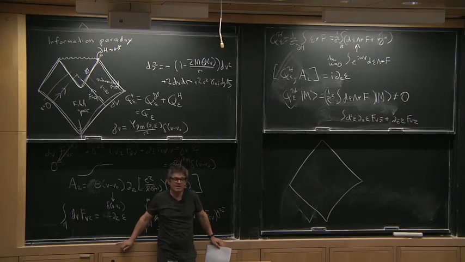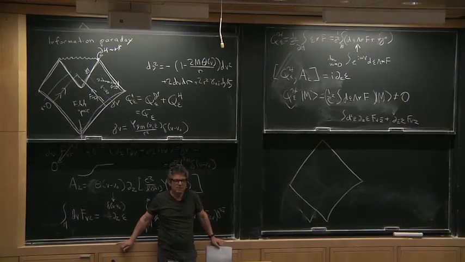Do they evaporate differently? And what I'm about to show is that charge conservation gives us a simple relationship between the evaporation product of a black hole with a state m and a black hole with a state m plus a soft photon.